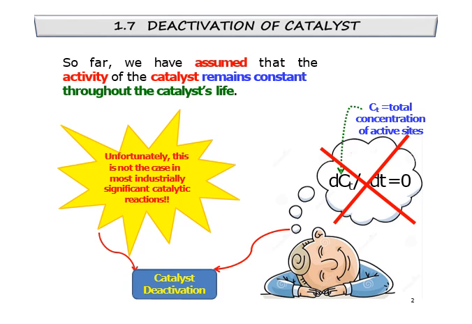For example, here, the total concentration of active sites over time, we assume that it is always there, it's always activated, but the case is not.